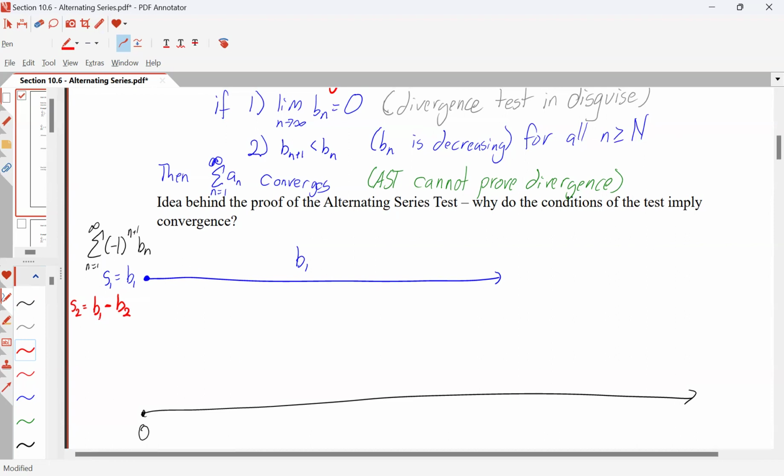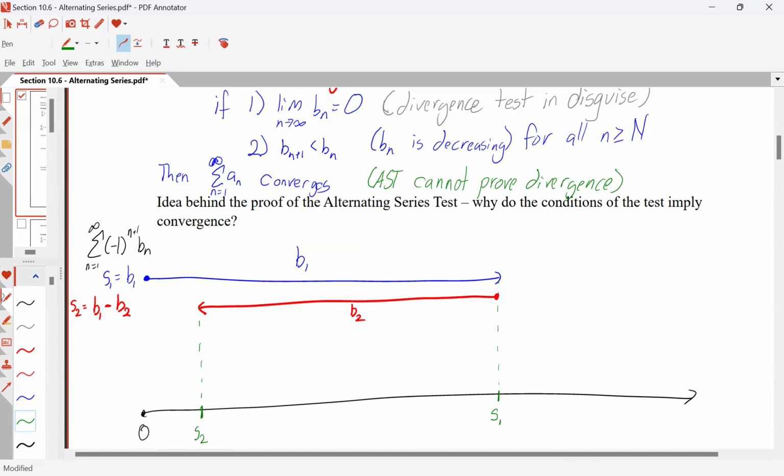And so taking b sub 1 and subtracting b sub 2, I'm going to go back on my number line. So here is where we land for that first partial sum. Here on the number line is where we land for the second partial sum.